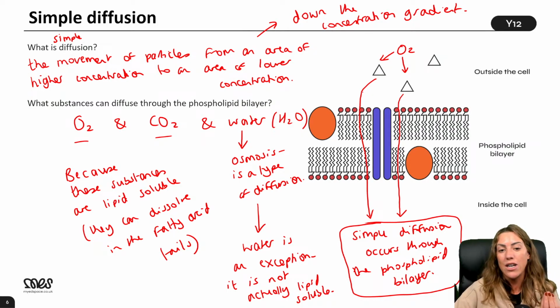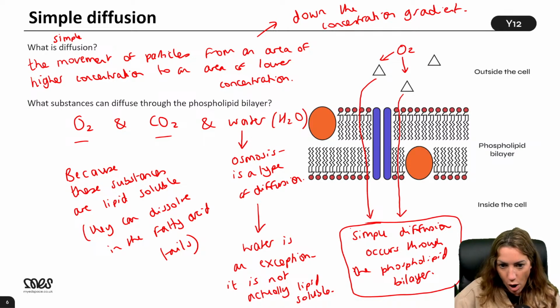There's such a high concentration of oxygen, for example, outside the cell, and it's so small that it can move between the phospholipid heads and then it dissolves through the bilayer and diffuses from a high concentration to a low concentration. So it's to do with the fact that it's lipid soluble, it's small enough, it can kind of sneak between the phospholipids. Okay, so that's simple diffusion.